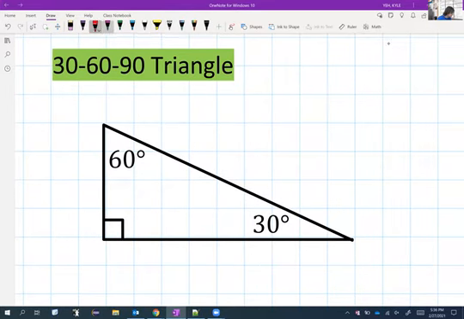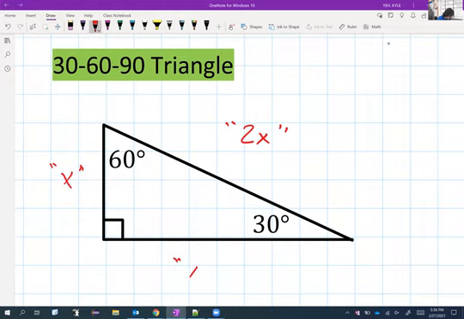And here's what they are. Typically, we call the shortest side x. That side is x. The hypotenuse then in a 30, 60, 90 triangle is 2x. It's double whatever the shortest side is. The shortest side is half of the hypotenuse.